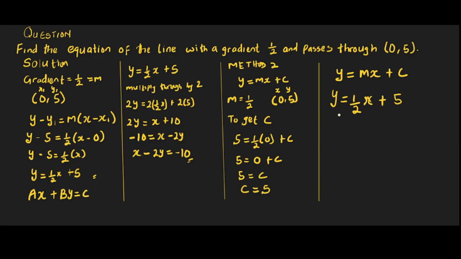You see that we have the same equation as what we have here: y equals 1 over 2 x plus 5. It's just that this is in the gradient and intercept form. If we want to put it in the general form, ax plus by equals c, we can follow the approach we have done here, because we either use this method or we use this method.